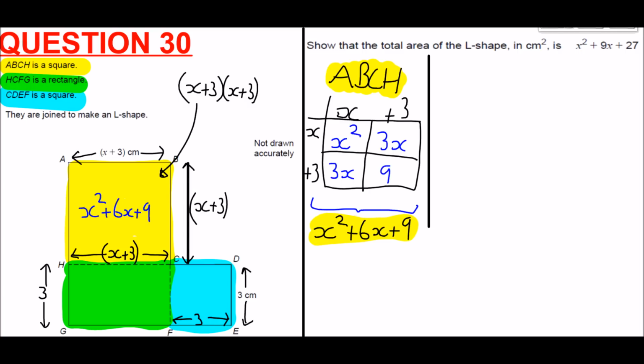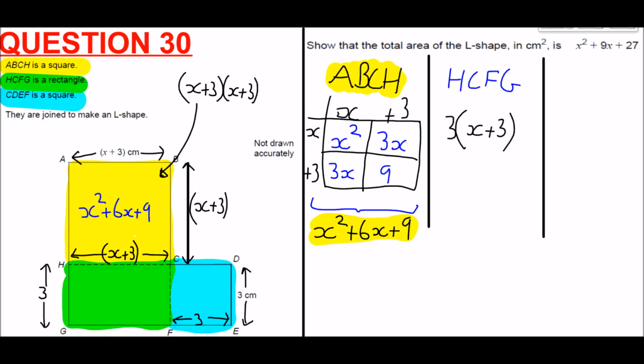Now, after that, we can work out the area of HCFG. And so for HCFG, the area is the length of it times the width. So 3 multiplied by x plus 3.